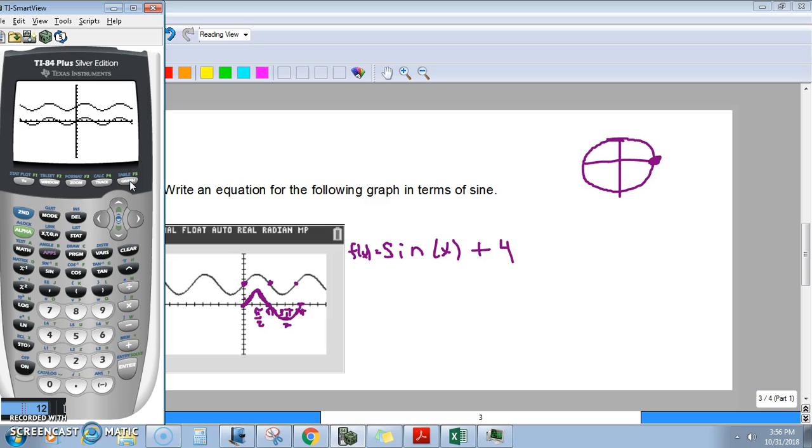Okay, that looks a bit right, except it does look like we stretched it up a little bit. So I think I'm going to have to add a vertical stretch.